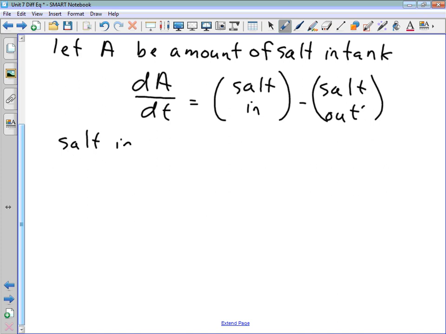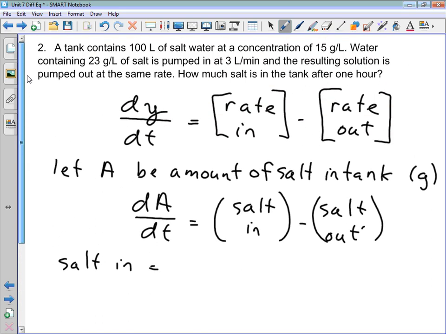If we want the amount of salt coming in, remember the amount of salt is going to be measured in grams. We are given some information here about the volume of the tank. We are told the concentration of salt water.